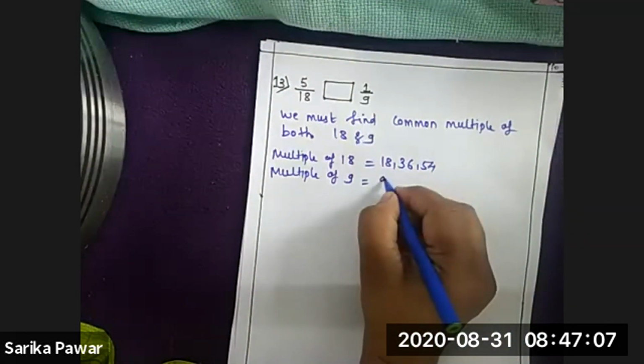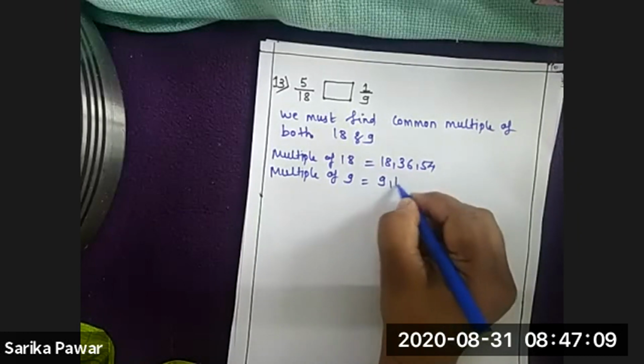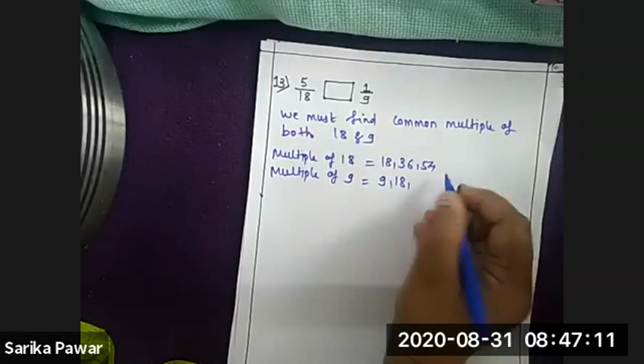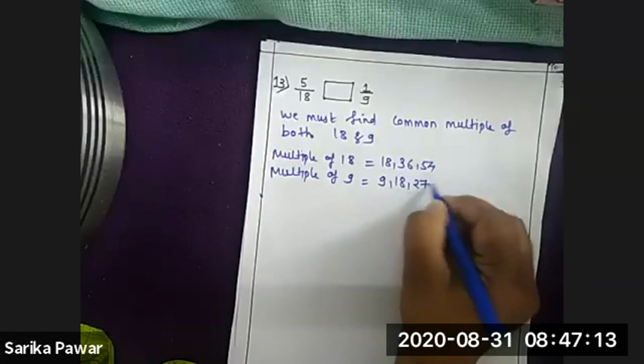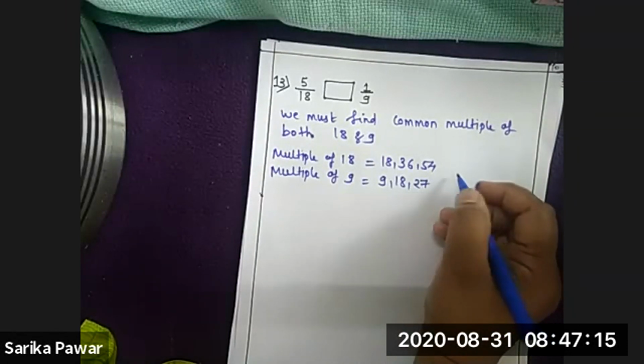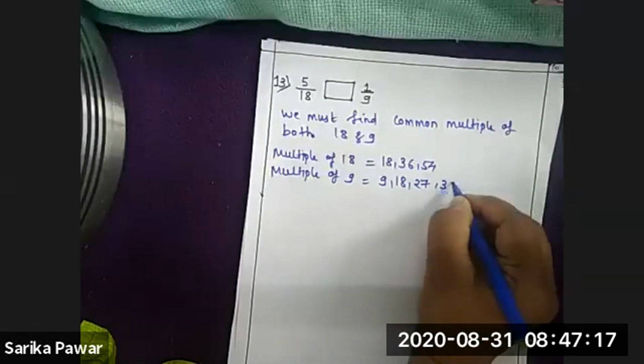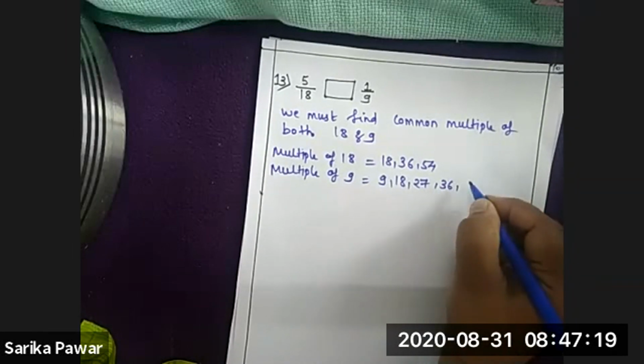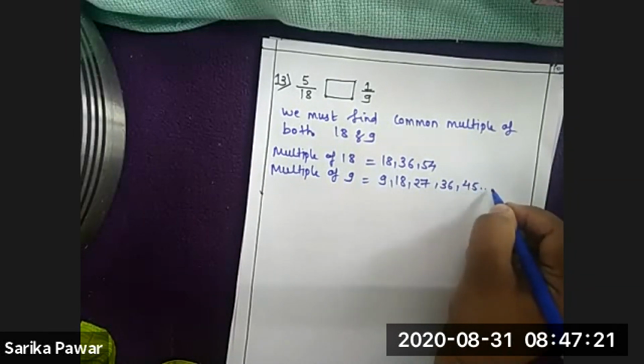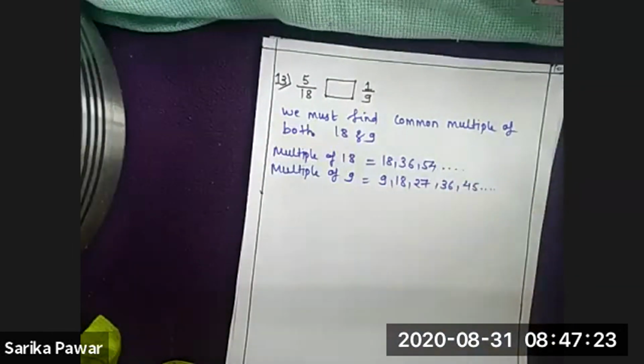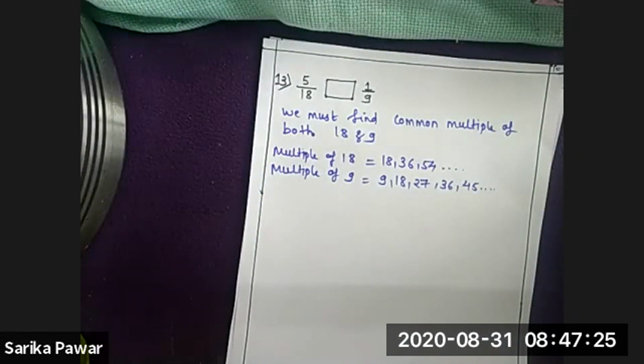And the table of 9: 9 ones are 9. 9 twos are 18. 9 threes are 27. 9 fours are 36. 9 fives are 45. See, students, you have to learn tables up to 20, at least a minimum of the 20 table. Don't forget the tables, because in maths tables are so important.